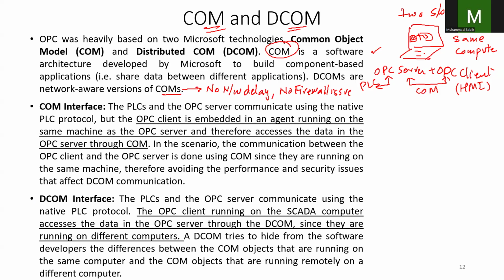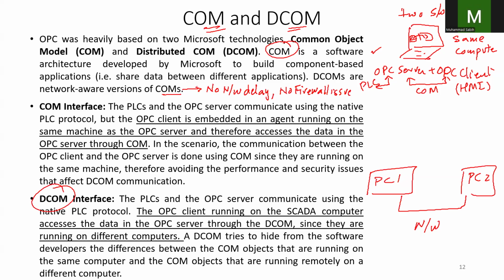Now, the second one, DCOM, stands for Distributed COM, and this is where the OPC client and server are running on different PCs. So we have PC1 and another PC2, connected through some network, running on two different machines.